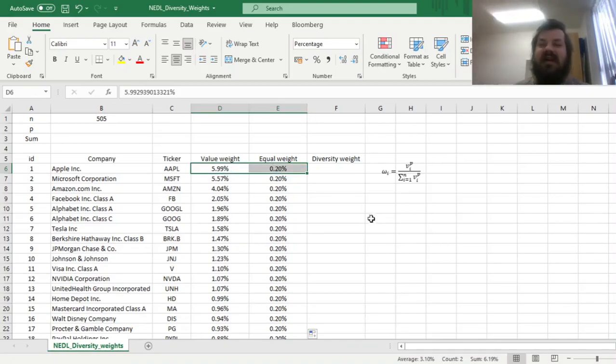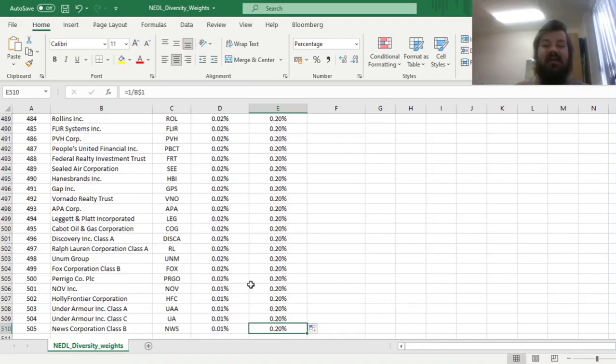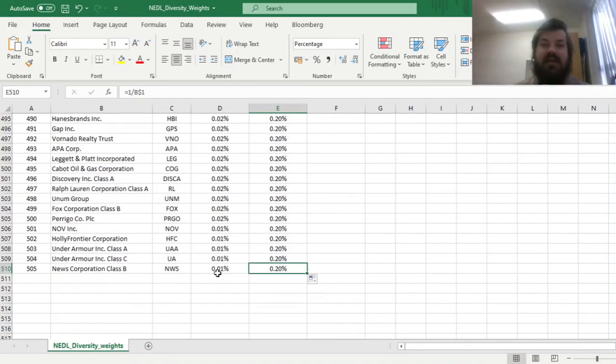So 30 times less capital is allocated towards Apple in this case. However, you do allocate a lot more into relatively smaller companies. For example, 20 times more capital is allocated towards the News Corporation Class B share in the equal weighted case than in the value weighted case.